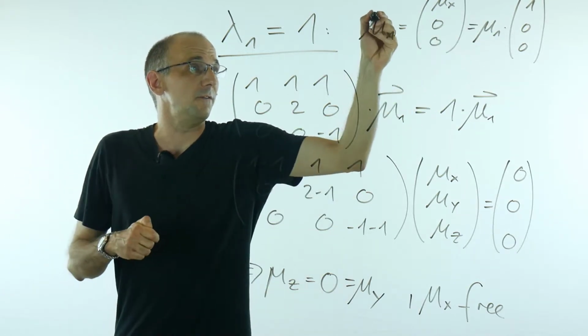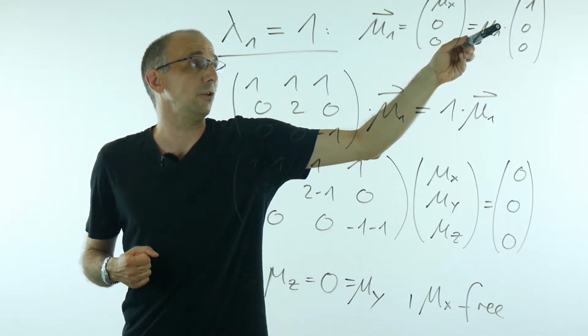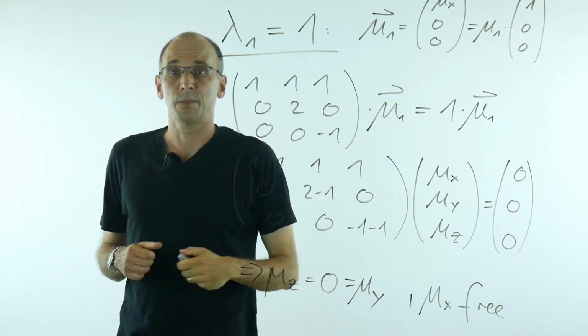Length of vector mu1 is unknown and the direction is 1, 0, 0.